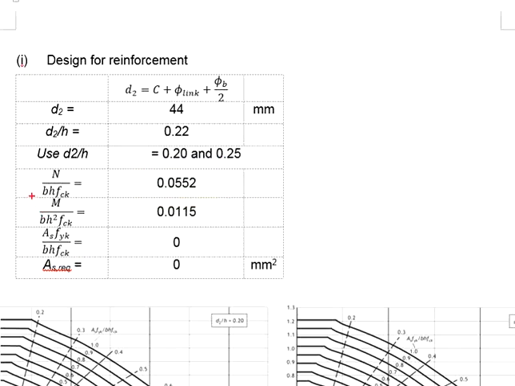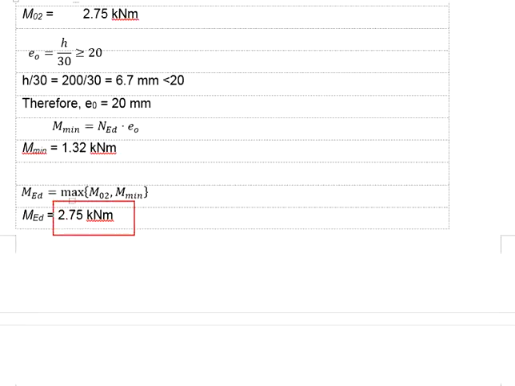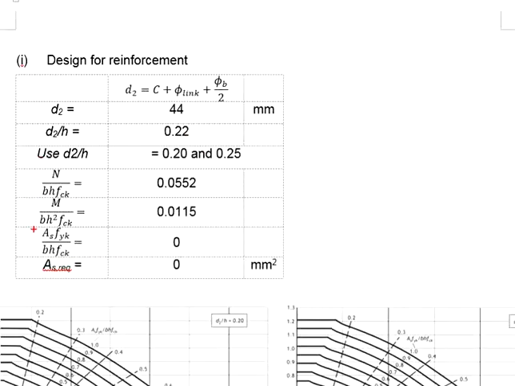You will do the same for the M per BH square FCK. The M now will be the MED that you have calculated, which is 2.75 kilonewton meter, divided by B, 200, times H, 200 square, and FCK, 30.